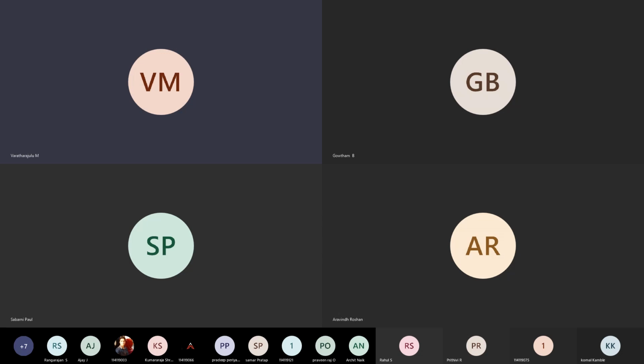Therefore, the things which we have seen after CT, that is unit 4, and any other portions left in unit 3. No, unit 4 is enough. Unit 4 is the syllabus for University 2. And I am planning to take 3 questions, 2 with 8 marks and 1 with 9 marks.